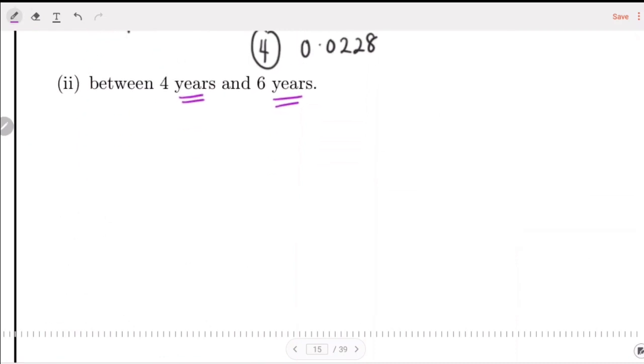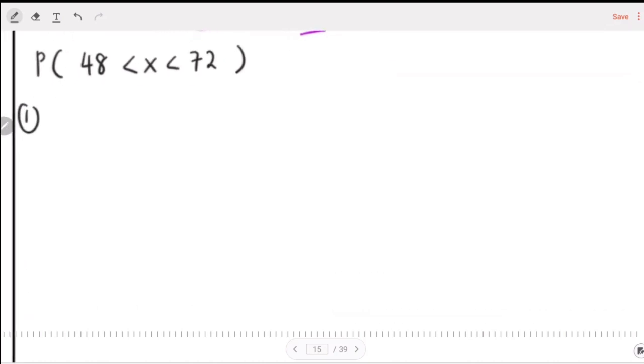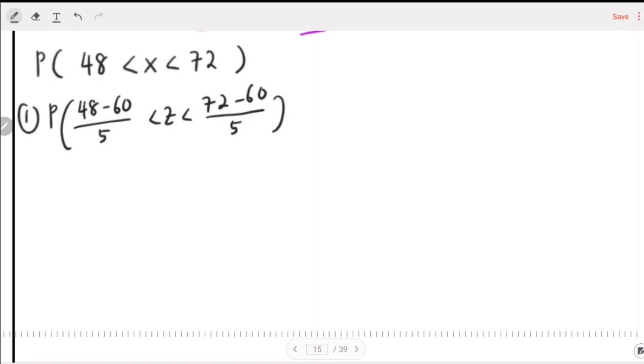So change from years to months. 4 years means 48 months, whereas 6 years means 72 months. So the first step is to standardize. And calculate.